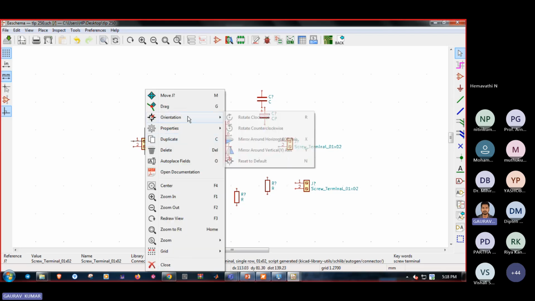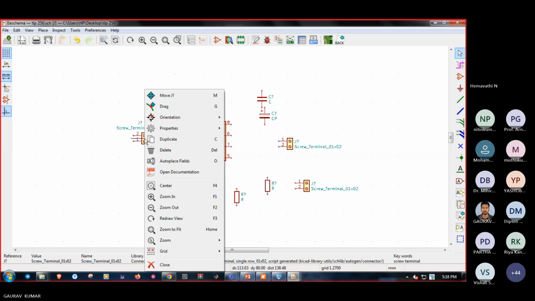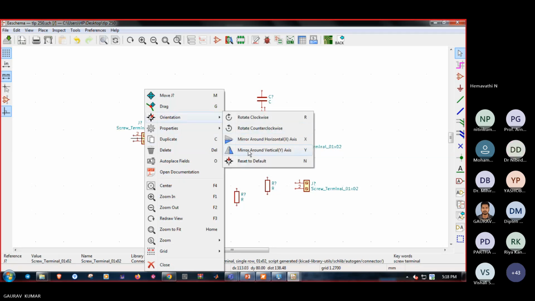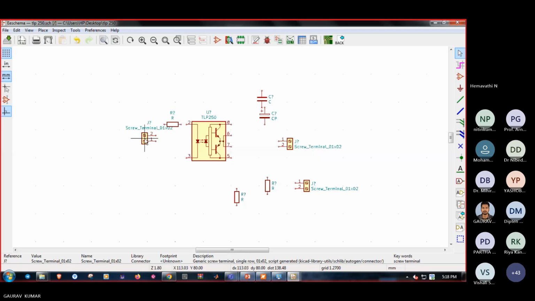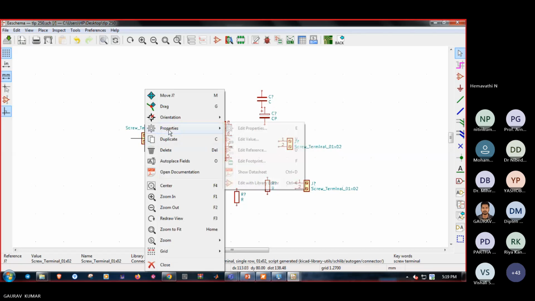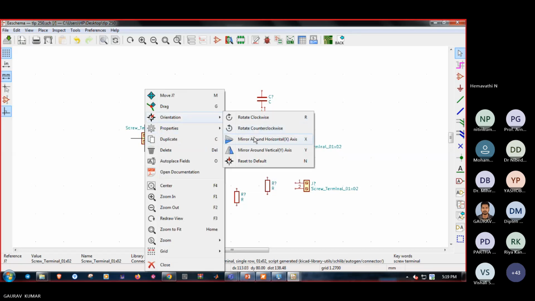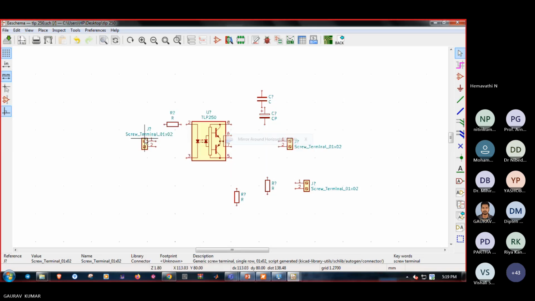We can also change its orientation, the orientation we want. So the first task is to arrange all those components.